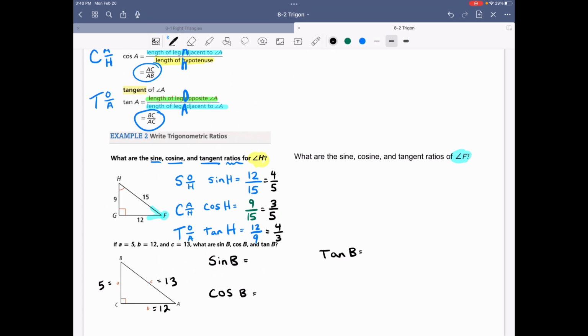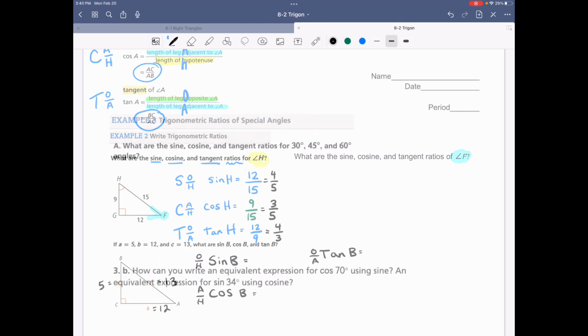And you can make your trigonometric ratios using SOHCAHTOA. All right, and I'm going to take volunteers to tell me what you think these are.